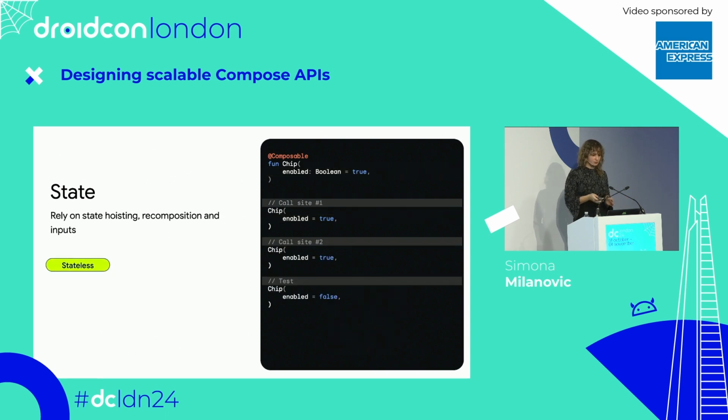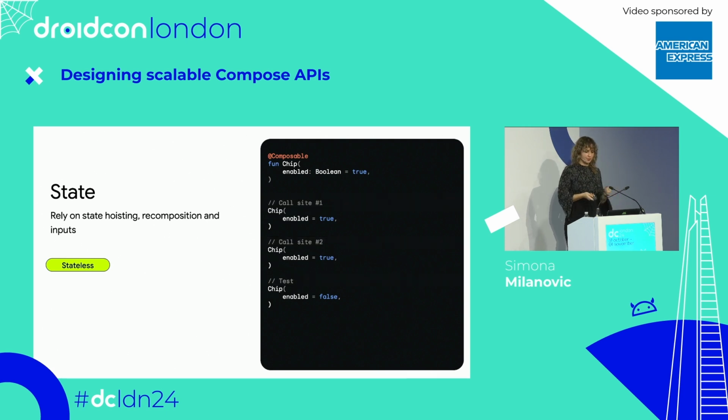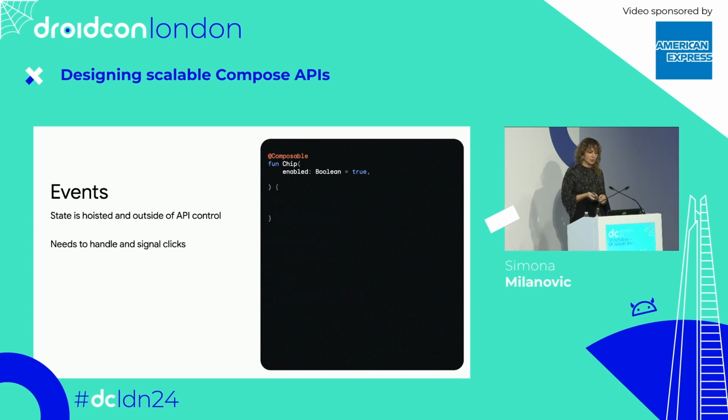Wherever possible, try to prefer the stateless composables that hold no state on their own, but instead accept the state as input and are controlled by the user or the caller. This makes the API more reusable and more testable, as the external caller is able to dictate these changes and your component just follows this. Extracting the state control like this is called state hoisting, which is a common Compose practice.